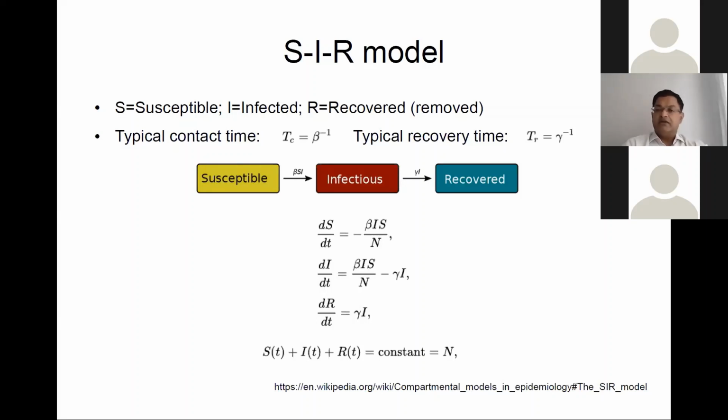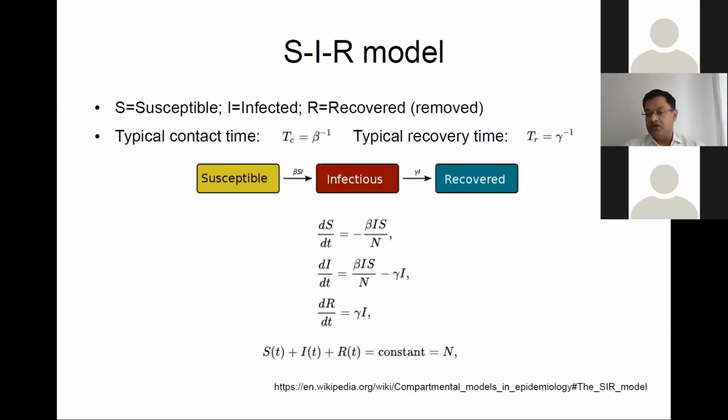So these are the equations over here. I hope you can see my cursor. So there's dS by dt. These are mass action reactions. Just like you would write down the law of mass action for a chemical reaction, you can write down a similar mass action law when you consider the fraction of the population in the S pool, the fraction of people in the I pool, and the fraction of people in the R pool.